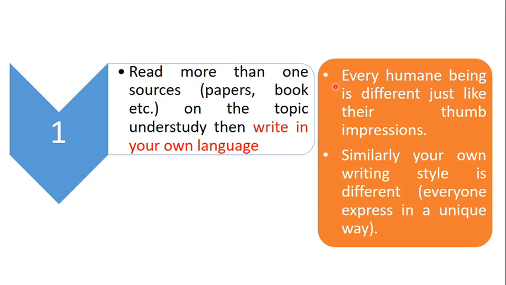Why? Because every human being is different, just like their thumb impressions. Similarly, your own writing style is different because everyone expresses in a unique way. This is a very important and foremost point in order to reduce similarity.